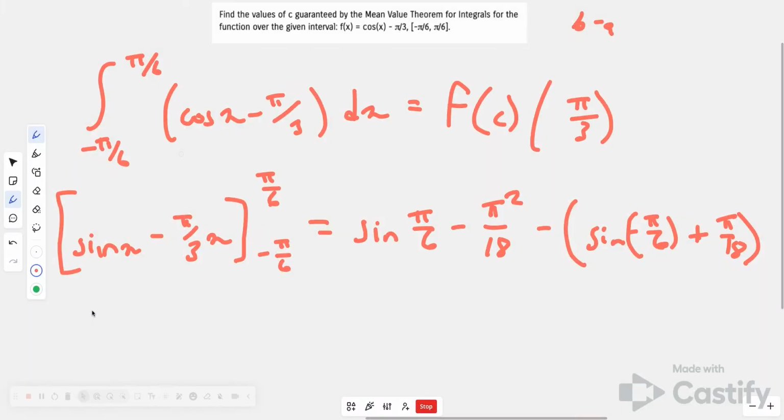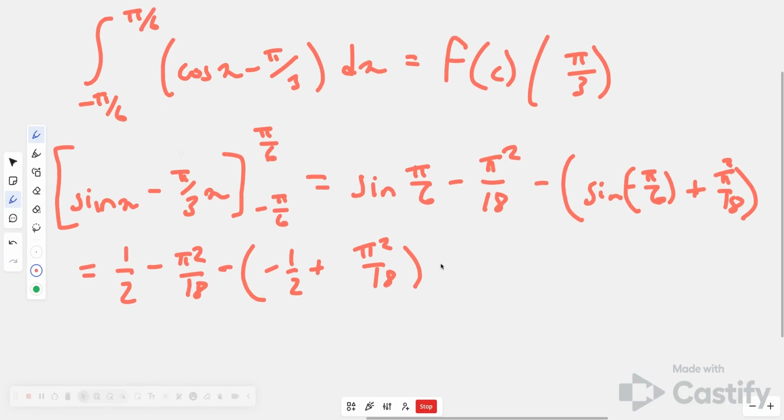And then we can continue simplifying. So sine of pi over 6 is equal to 1/2 minus pi squared over 18. And then sine of negative pi over 6 would be negative 1/2, because that's in the fourth quadrant, and that's where sine is negative. So minus negative 1/2 plus, sorry, this is also pi squared over 18, plus pi squared over 18.